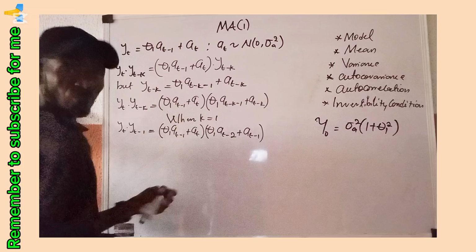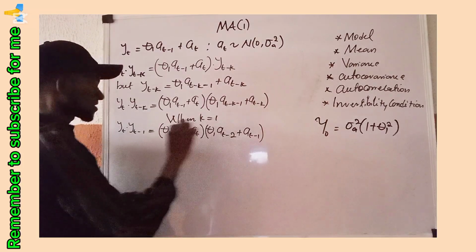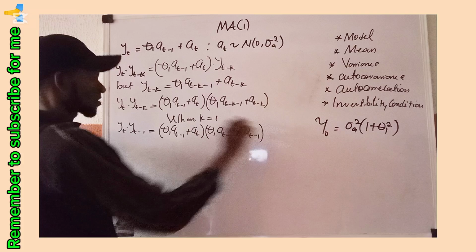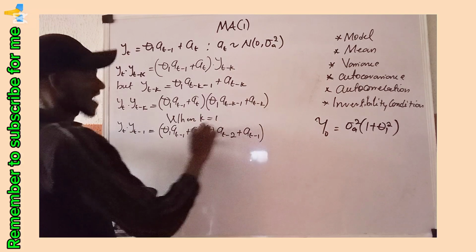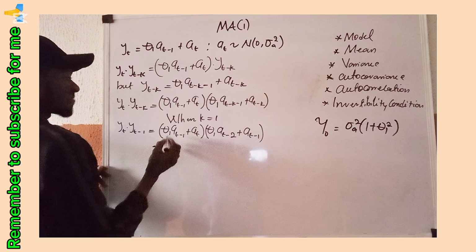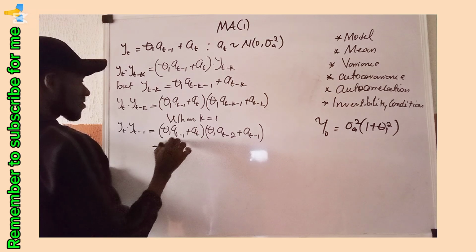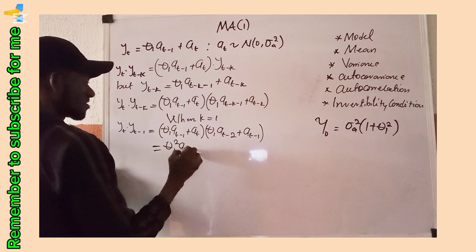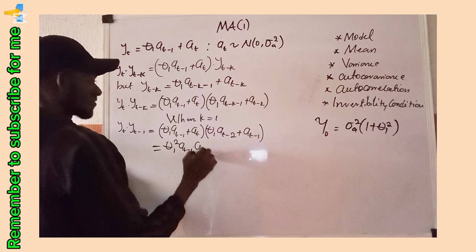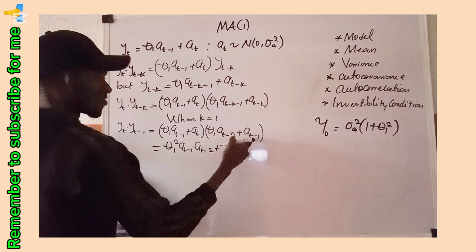So we do what we did before by opening the bracket. This quantity goes to this quantity. This quantity goes to this quantity. This one goes to here, and this one goes to here. So what we now have becomes this going into this will give us theta 1 all squared, A of t minus 1 multiplied by A of t minus 2. This has gone into this, plus this is now going into this.